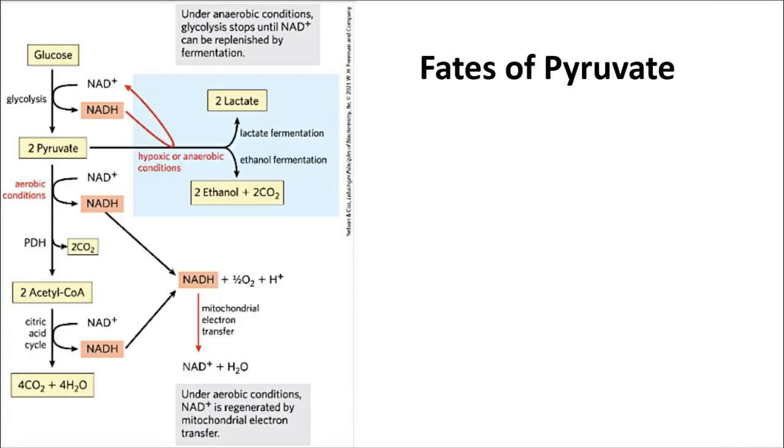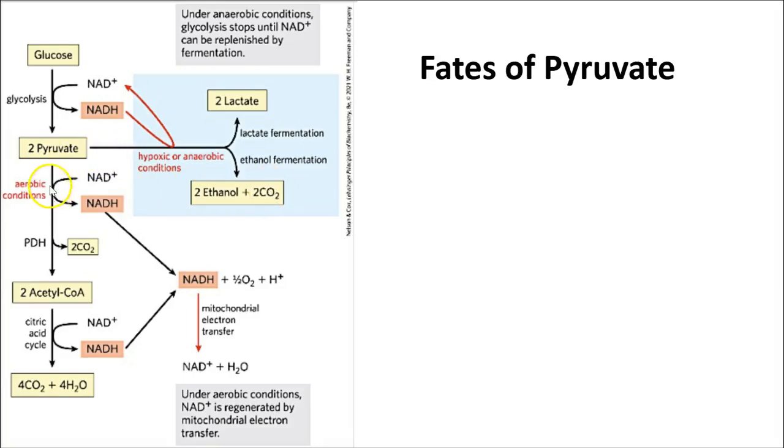And so as far as the fate of the pyruvate, remember we have glucose, it goes to glycolysis and it produces NADH and also 2 molecules of pyruvate. The pyruvate goes to fermentations and produces lactate, ethanol, and carbon dioxide.